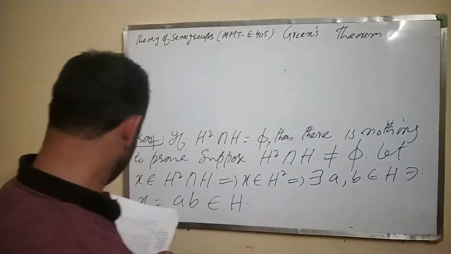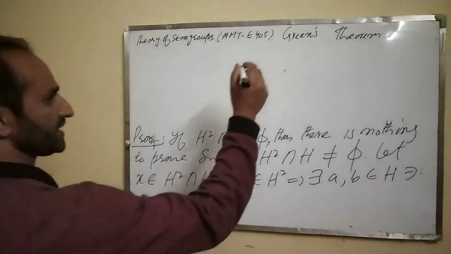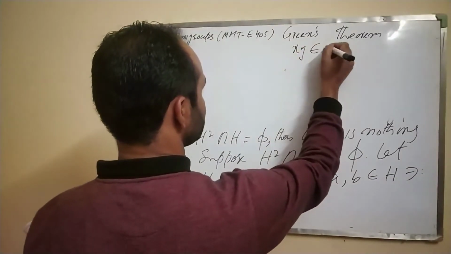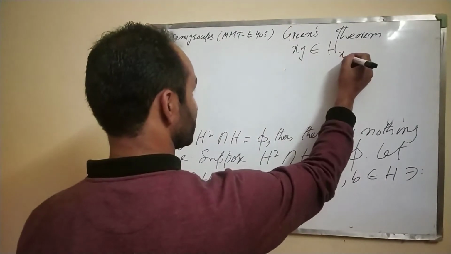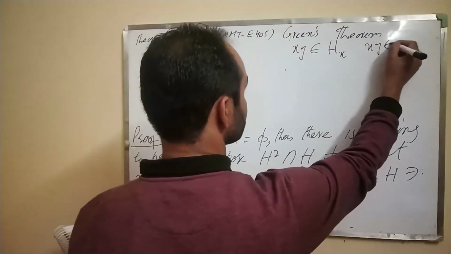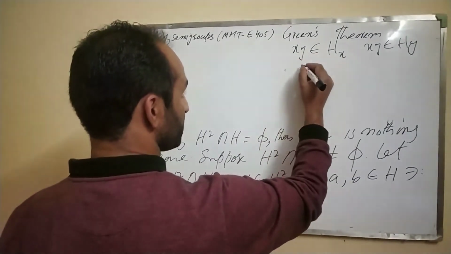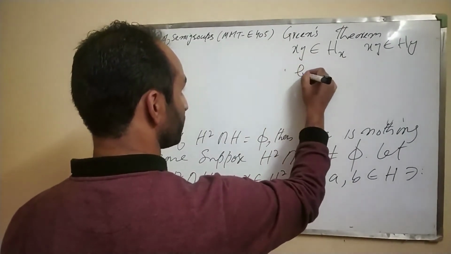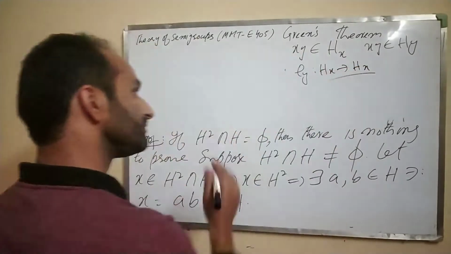Where we have seen that whenever xy belongs to some H class, say H class of X, or xy belongs to H class of Y, then in that case there is a bijection which we denote by rho y from Hx onto Hx.